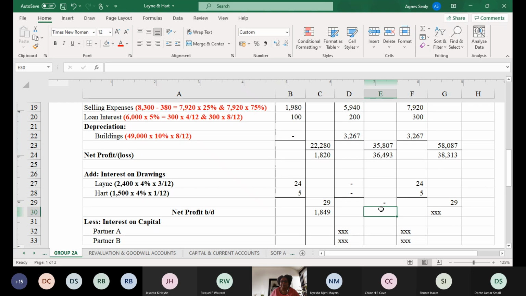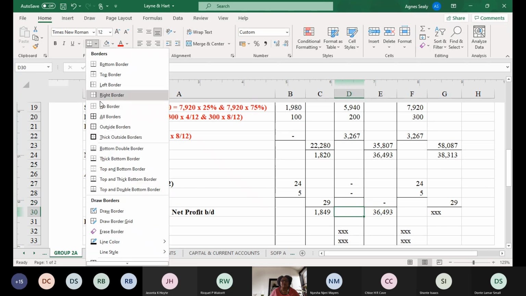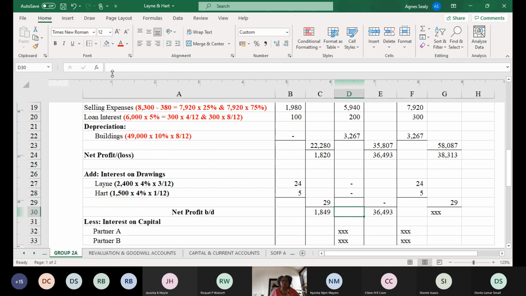There's none here. There is no interest on drawings under the new, so the net profit remains the same under the new agreement.